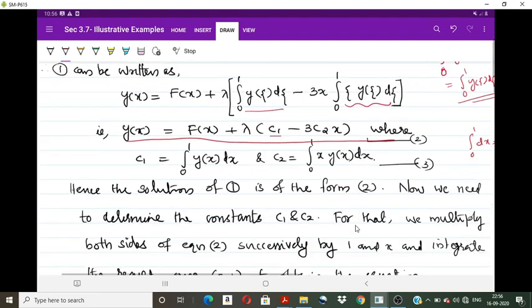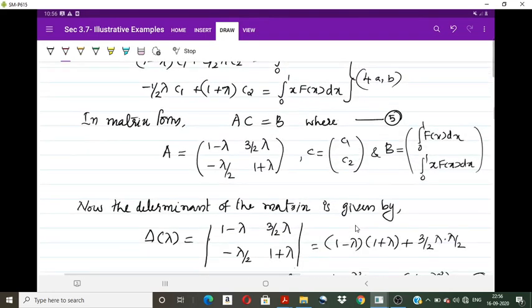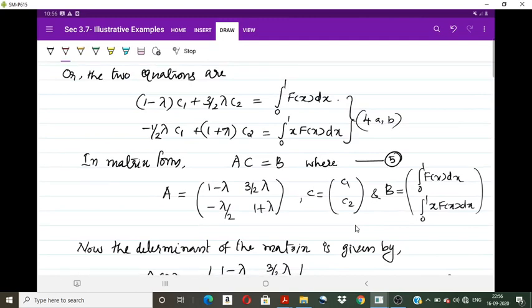So this depends upon C1 and C2, and for finding them, when f of x equals 0 the matrix B will be 0 in equation number 5, so the system reduces to a homogeneous system.